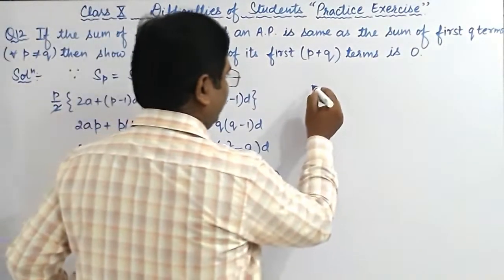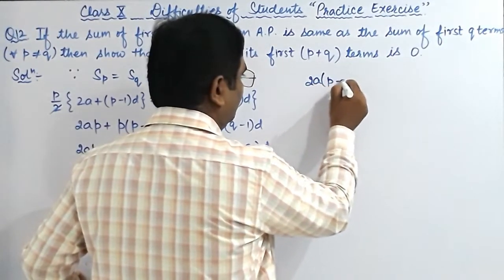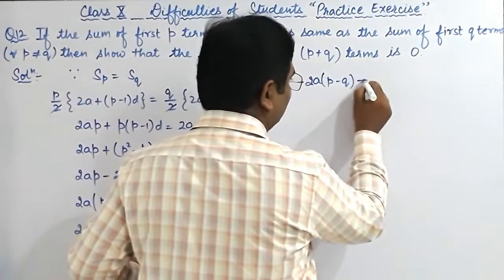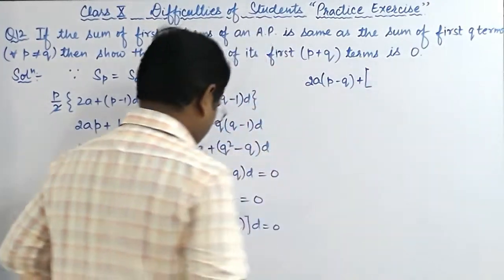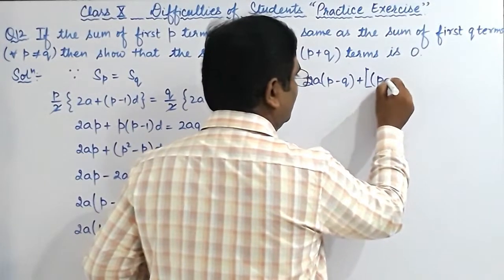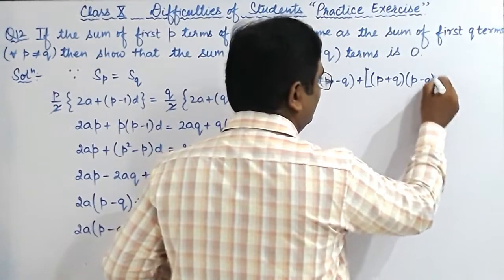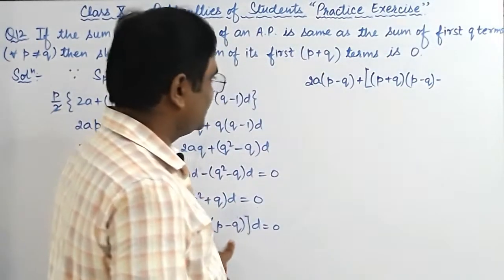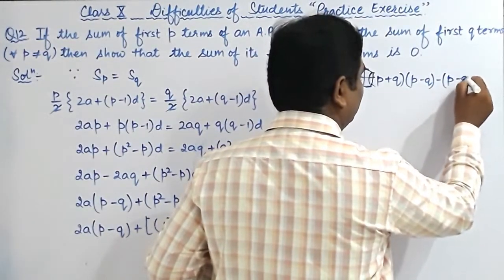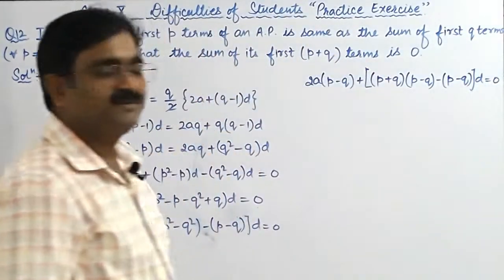So this equation can be written as 2a into p minus q plus, now this p square minus q square can be written as p plus q into p minus q, minus p minus q into d, equals 0.